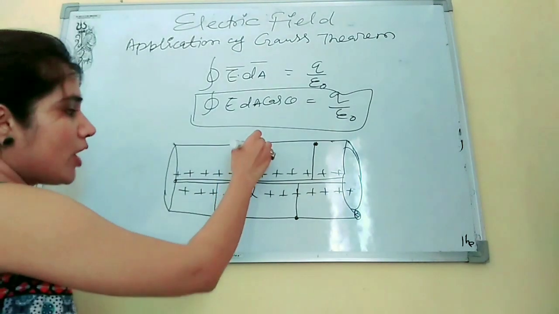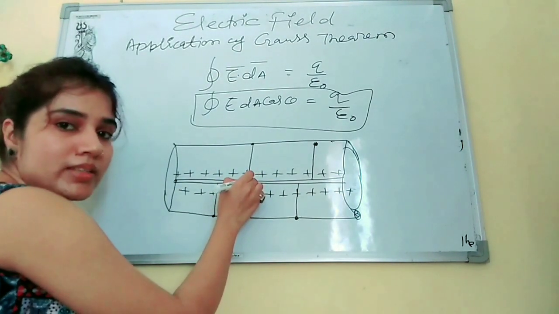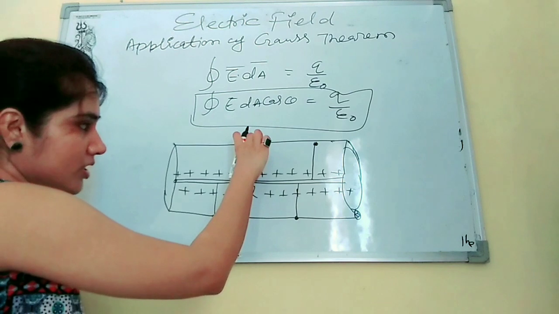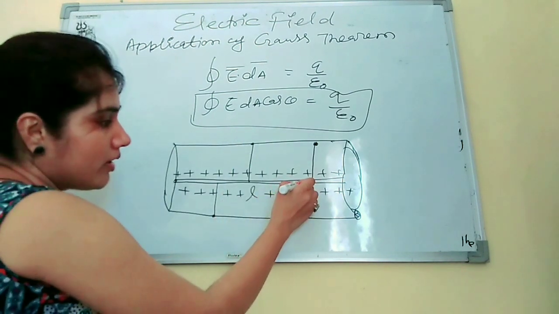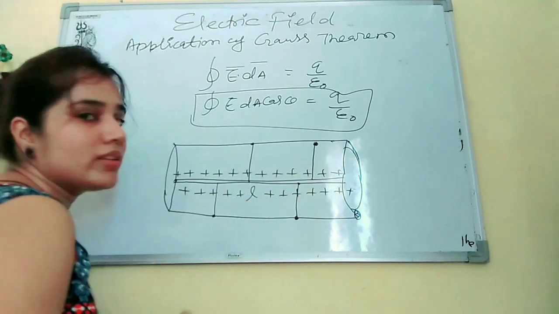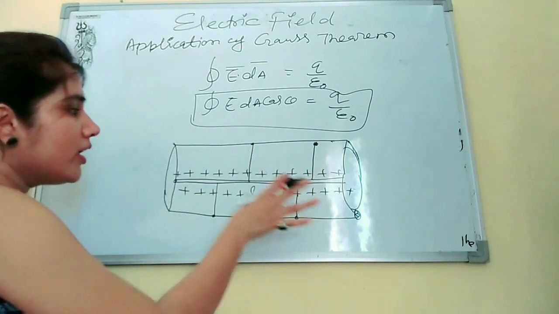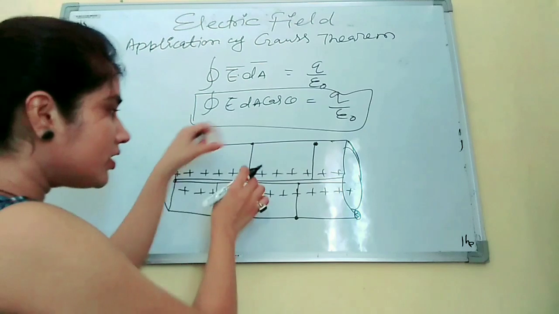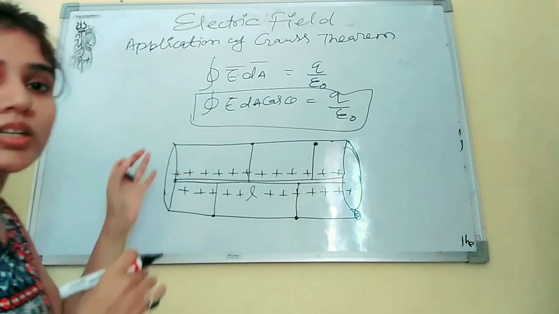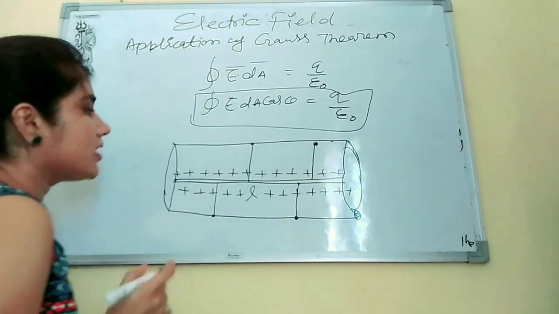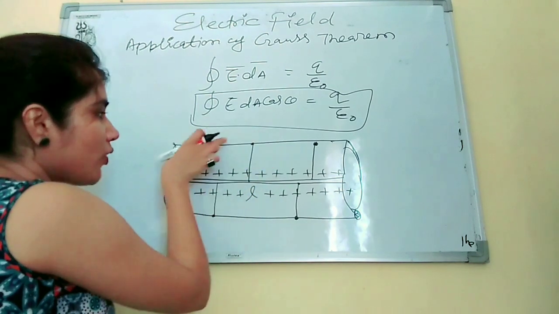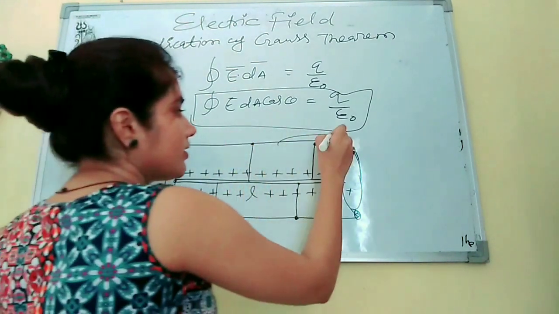The distance from this point to this point will be the same, and the same distance we are measuring for both points. So all charges are distributed equally at the same distance, and they apply the electric field at the same distance. So this is the surface, that is the curved surface.